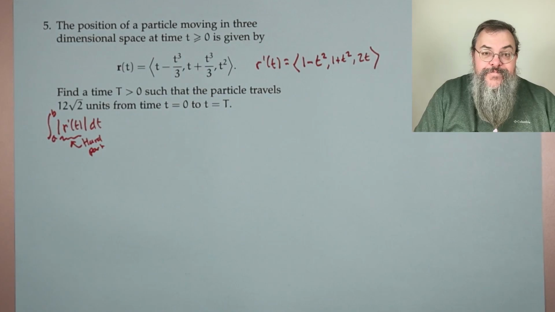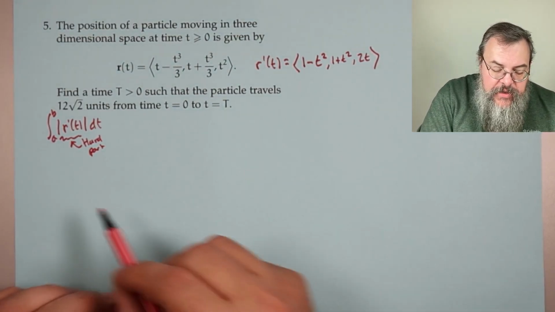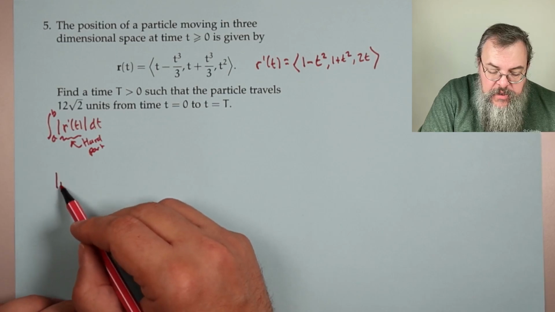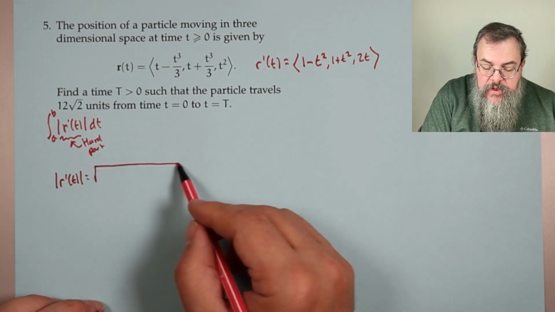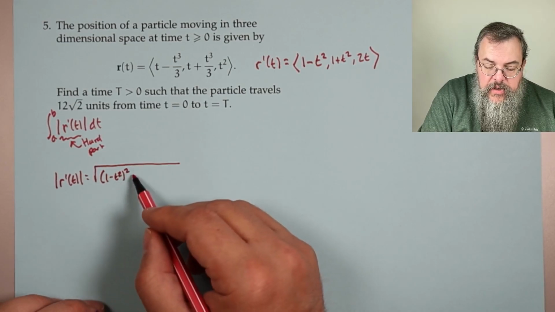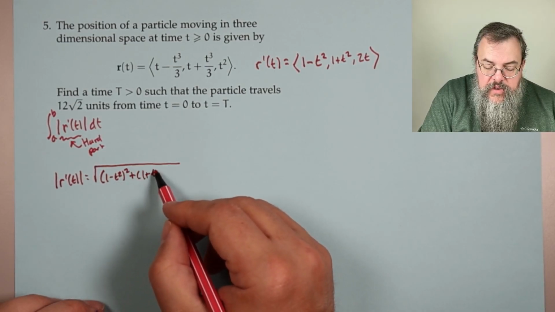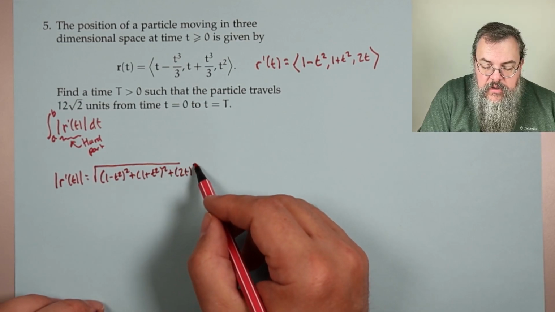So what do we get? Well, the magnitude of r prime is going to be the square root of 1 minus t squared, squared, plus 1 plus t squared, squared, plus 2t squared.